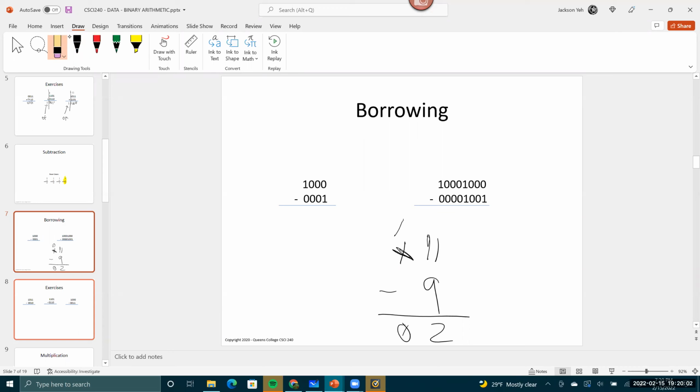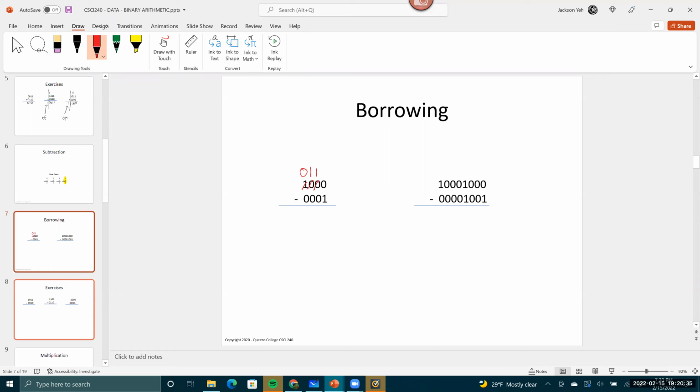So how does that work? So let's go through the steps. When you borrow, the computer looks at the first pair again, right? 0 minus 1. And once it sees 0 minus 1, it says, oh, this is a borrow base case. So what does it need to do? It now needs to look to its left to see a number to borrow from. So it's going to go here, here, and here and say, okay, there's the one I can borrow from. So once it finds that one, it's going to change the values, flip the bits on the way back.